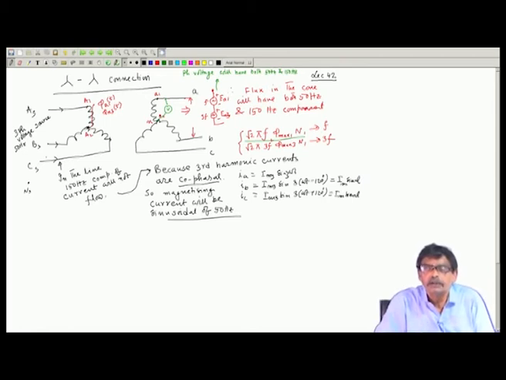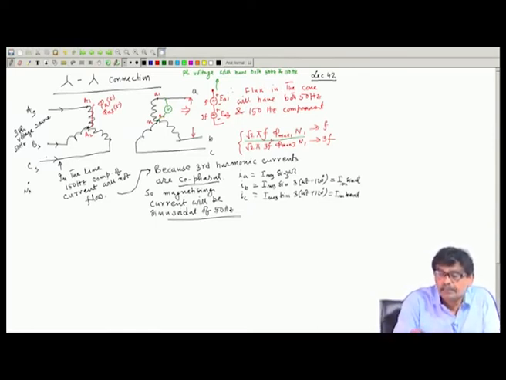Other higher order harmonic components are also there, but we are neglecting them because their amplitudes will be smaller. Your phase voltages then will be distorted, although there will be no effect on the line to line voltage, which will only have 50 hertz components. Okay. But phase voltage will have that 150 hertz component.